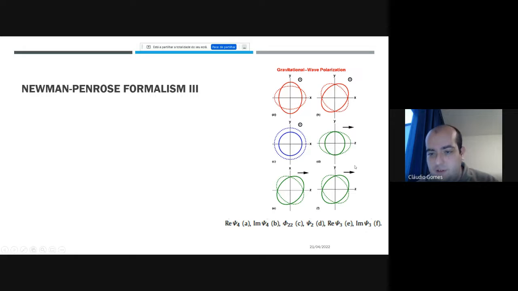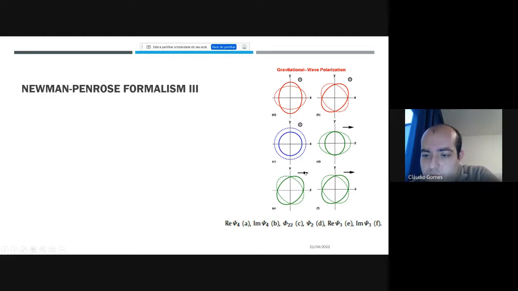As for the vector ones, look here, it's like a cross polarization, but it's no longer living in the plane that is orthogonal to the propagation of the gravitational wave, but rather it compresses and stretches the collection of particles along the propagation of the gravitational wave.